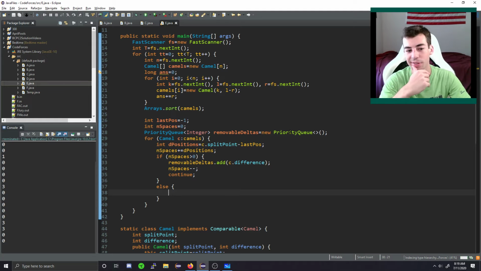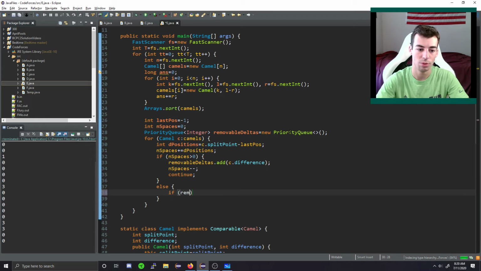What a funny sentence. Then I think we can just remove from this priority queue and replace it with the best camel. Or maybe we don't. Yeah.